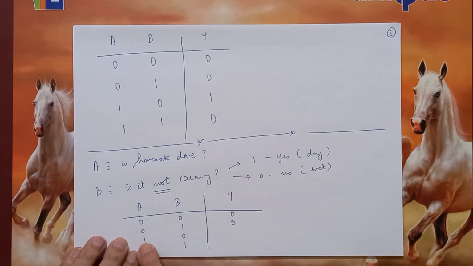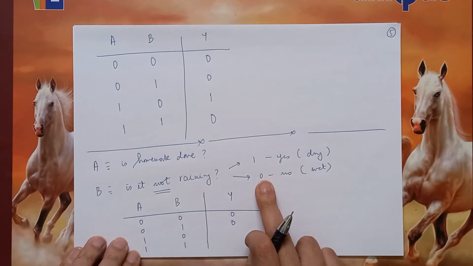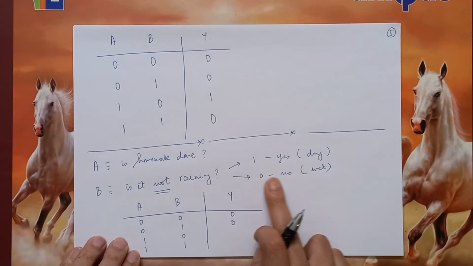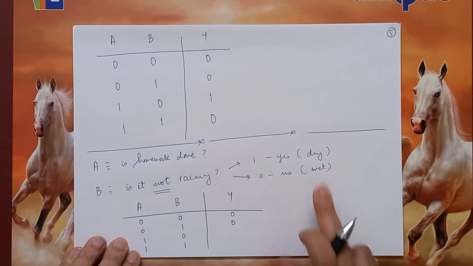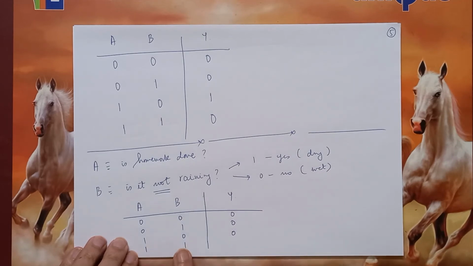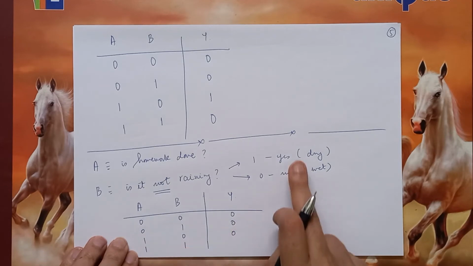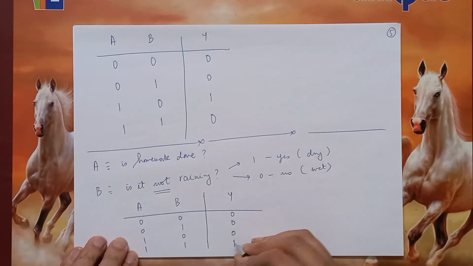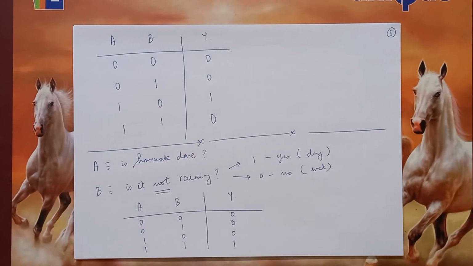Here the homework is done, but B is 0. What does it mean? B 0 means it is wet outside, so it is not a favorable condition. I cannot go. Here I have completed the homework and it is indeed not raining, which means it is dry. So therefore this is 1 at the output, which means that I can actually go for the movie.